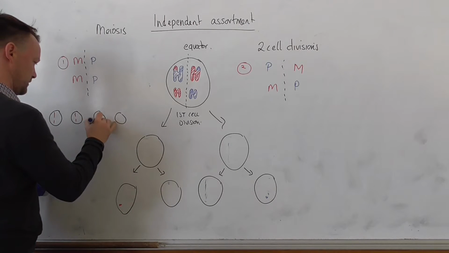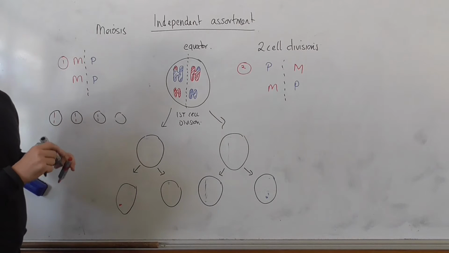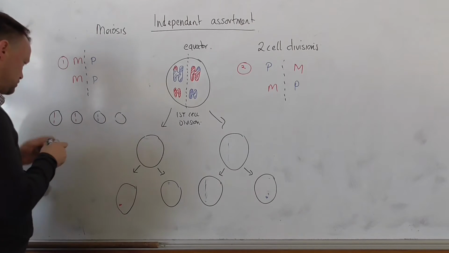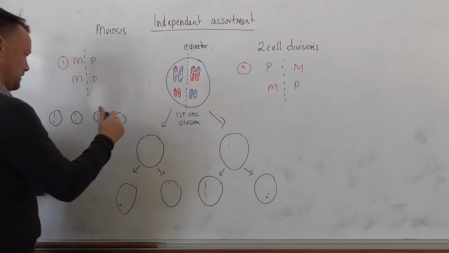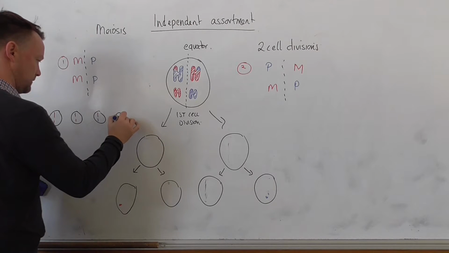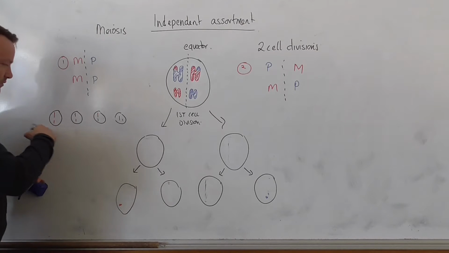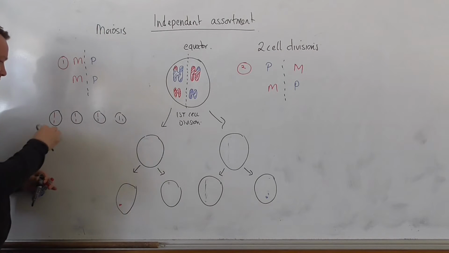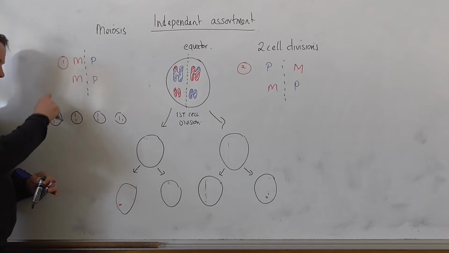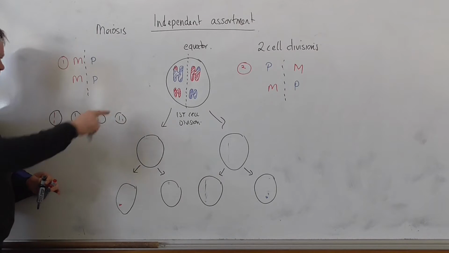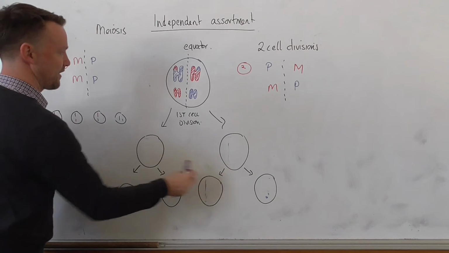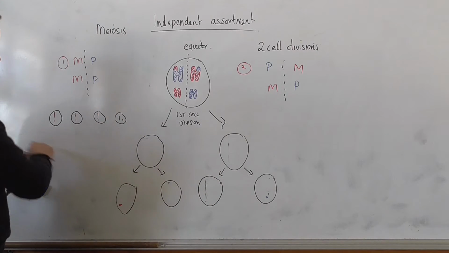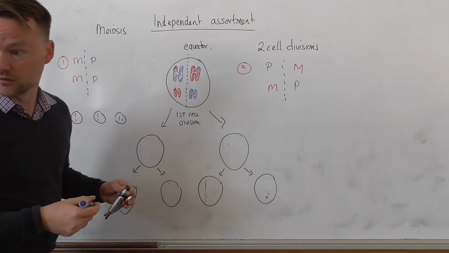This is what we ended up with in our cells, like that, and like that. So from this combination we ended up with this combination of gametes. You can see it's still mostly maternal, maternal, paternal, paternal. When we draw this out here, you'll see how scenario 2 creates different gametes to here. So let's do this quickly.